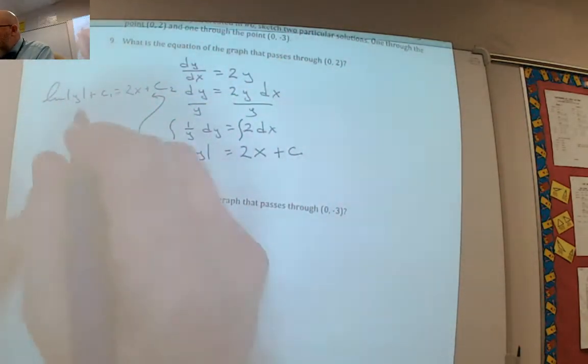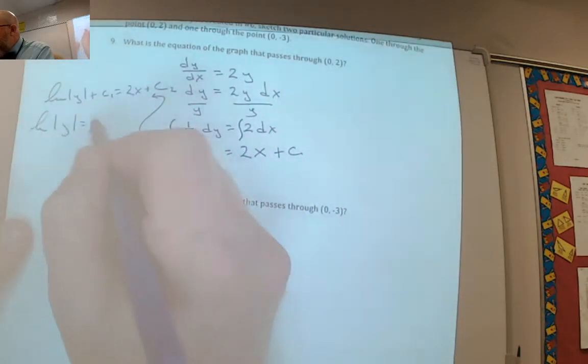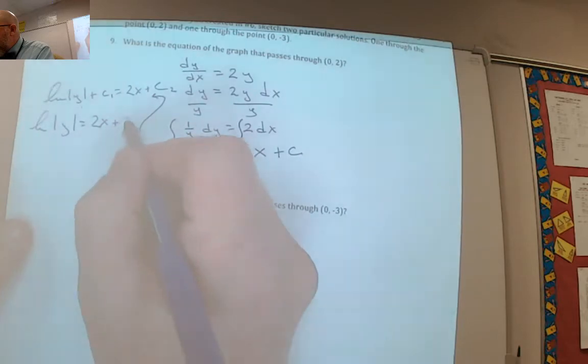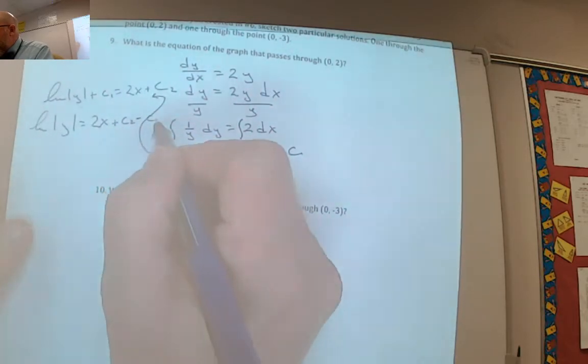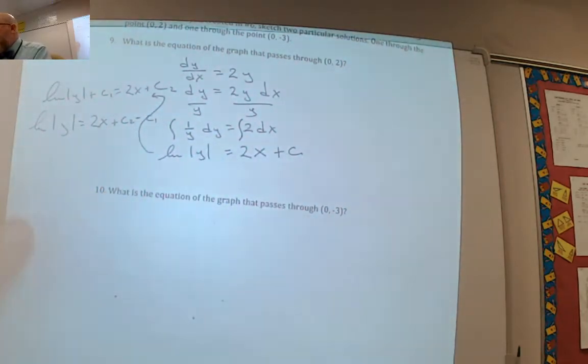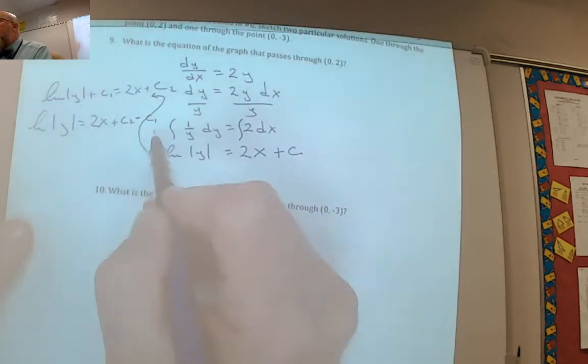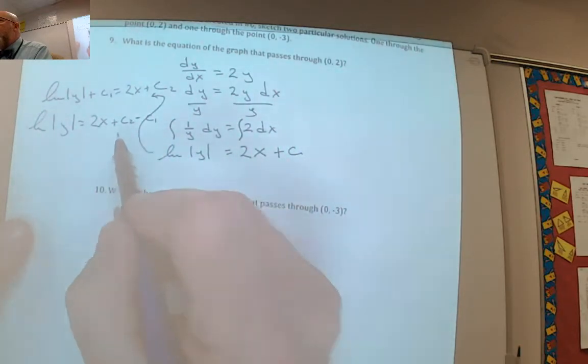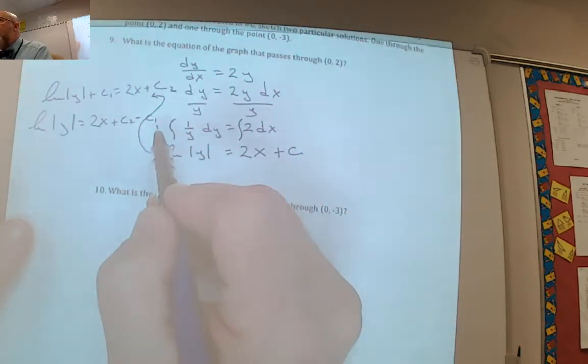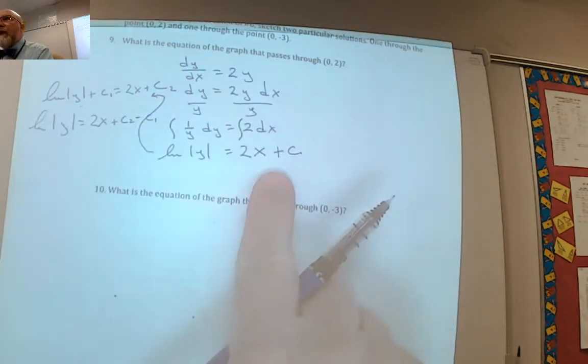And then, since I want to get y by itself, I would subtract c1 from c2. c2 is a constant. c1 is a constant. When you subtract a constant from a constant, you get a constant. So we just write this form.